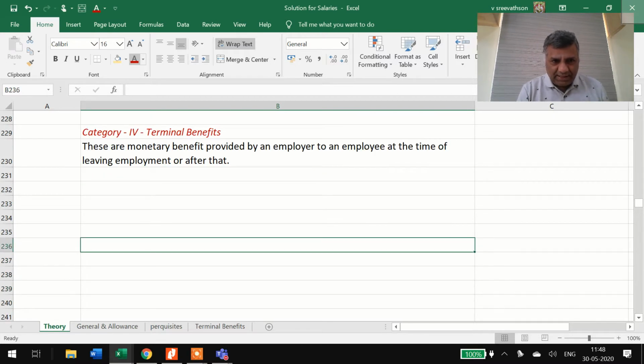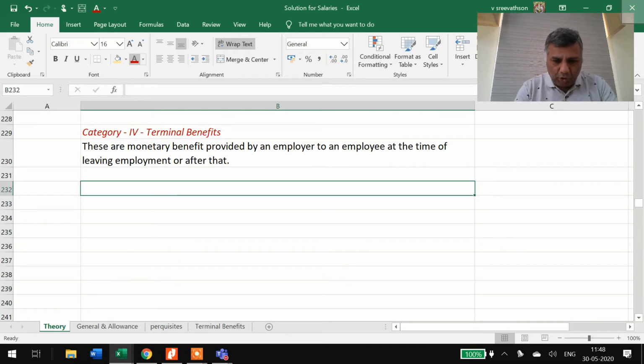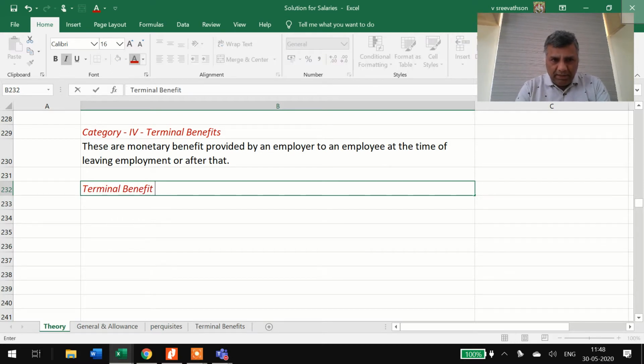The first and the most important terminal benefit, terminal benefit number 1, gratuity.